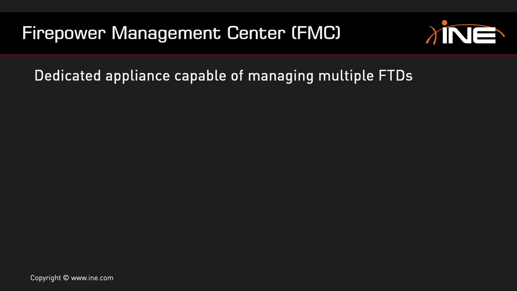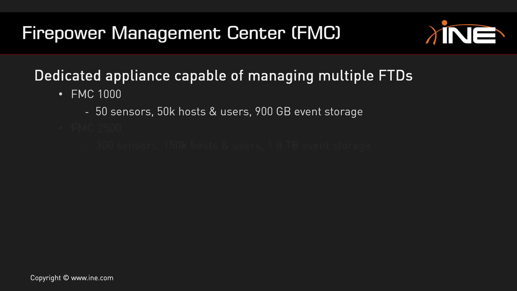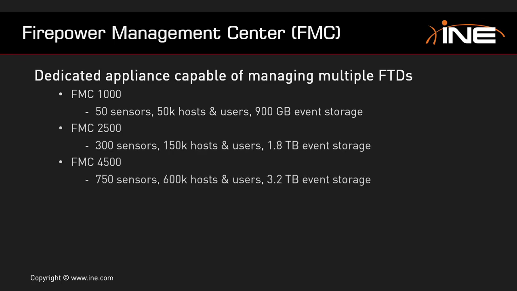Just a quick overview of different FMC appliances. As I said, this is going to be a dedicated unit you will have to deploy in the network. We have several choices, several physical appliances, where the only difference between them is in the amount of supported FTDs, which is supported sensors, the amount of supported hosts and users that FMC is able to store, and the third difference is in the amount of available disk space for storing events.